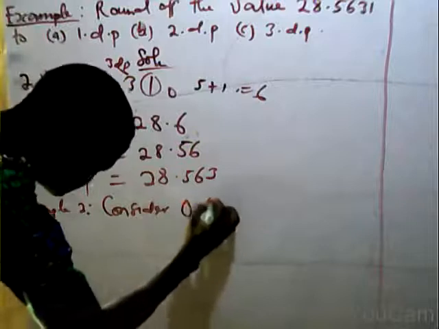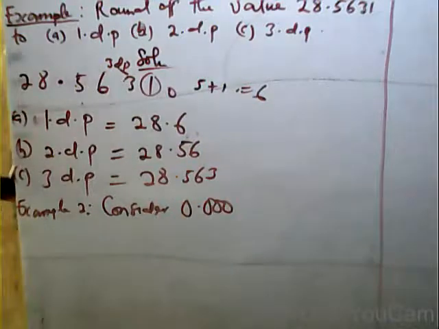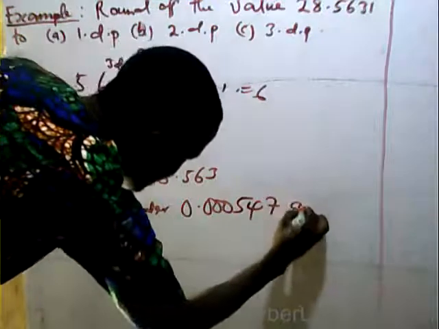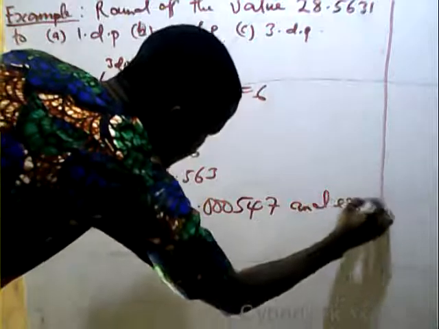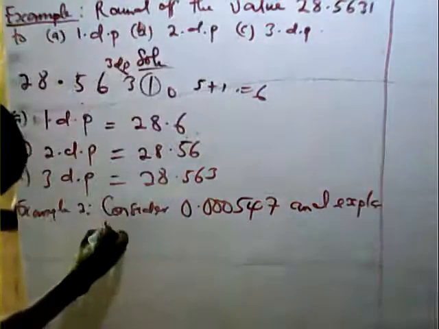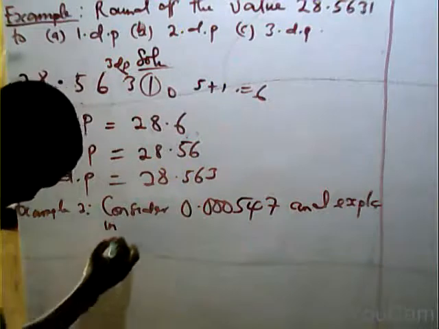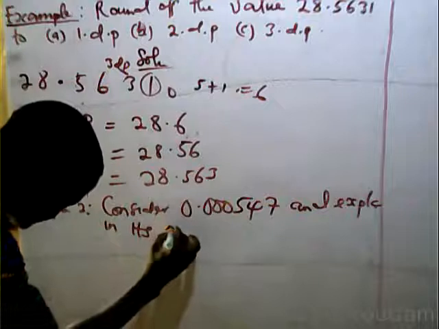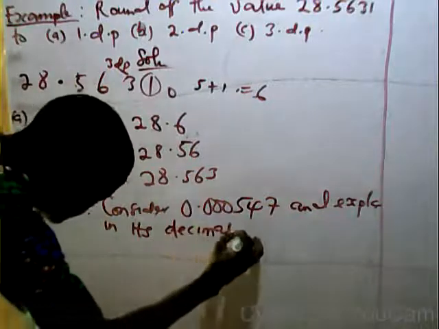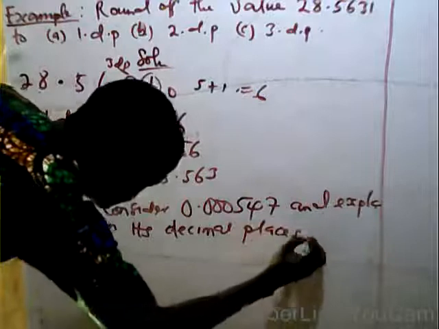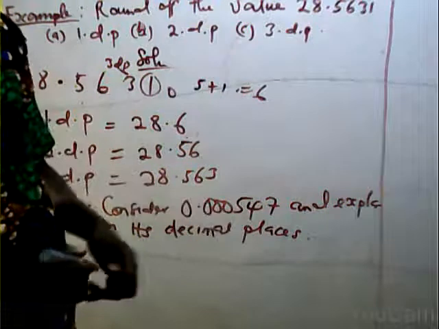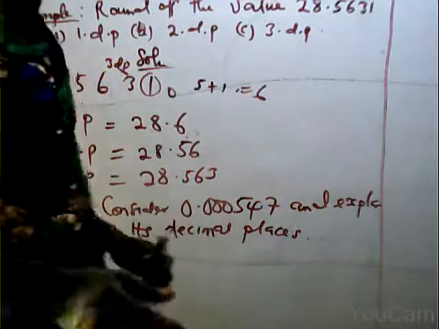Consider 0.00547 and explain in details. Now, we want to consider this 0.00547. Are you getting it now? So we want to consider that one.